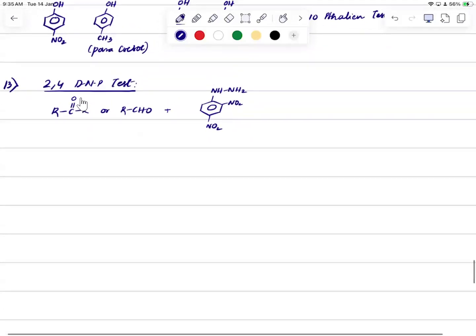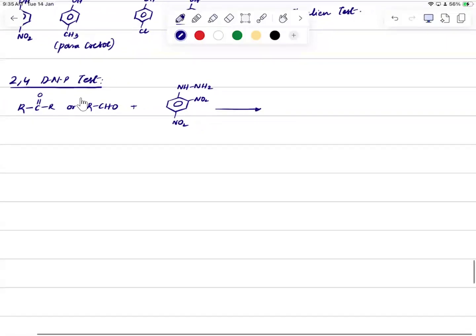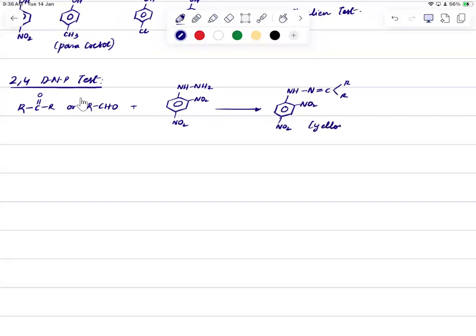So with this, if you make a test, this part will remain the same, and here this N will get connected to carbon with R and R. This usually gives yellow orange crystals.